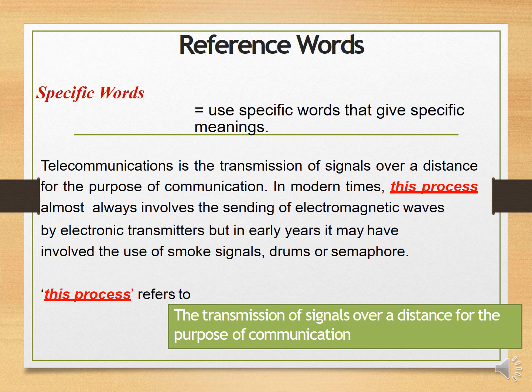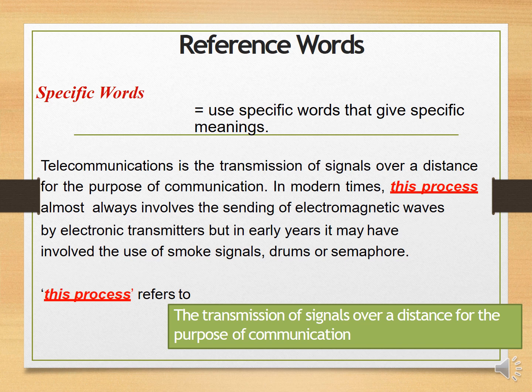Telecommunications is the transmission of signals over a distance for the purpose of communication. In modern times, this process almost always involves the sending of electromagnetic waves by electronic transmitters, but in early years it may have involved the use of smoke signals, drums, and semaphore.